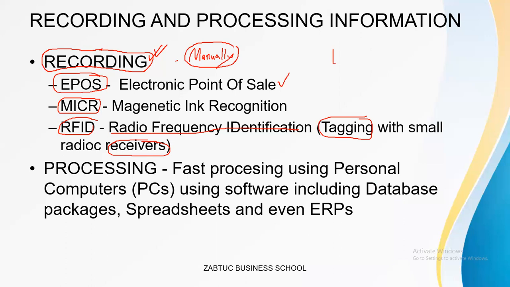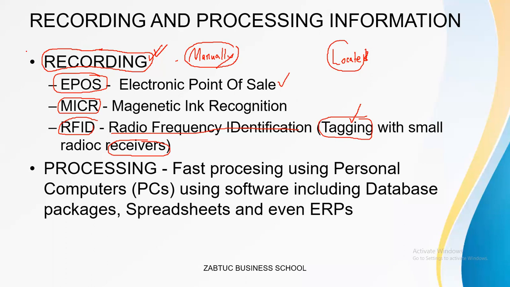If you want to easily locate your item, it becomes much easier if an item is carrying these tags, which can easily be sensed and you know exactly where they are. So nowadays, the use of these tags is one of the important technologies to enable us to quickly record information.